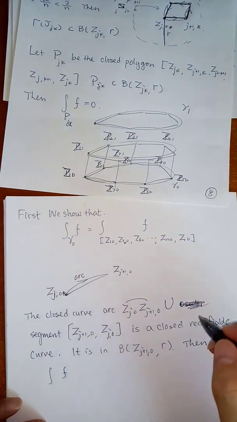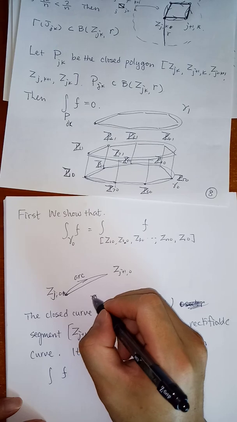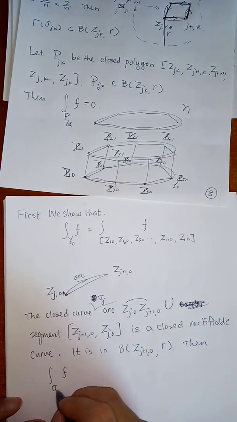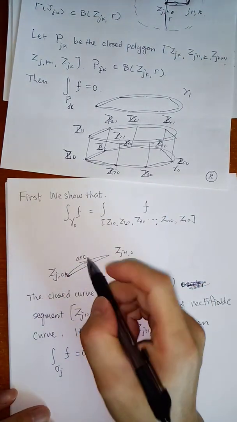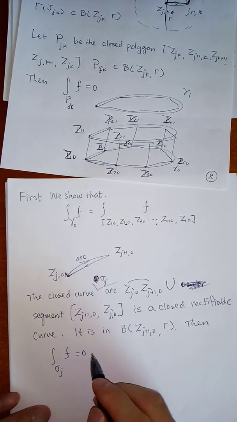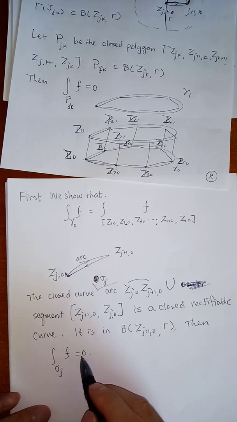Once it is inside the closed disk, the integral of f, let's call the curve sigma j, the integral of an analytic function over this closed curve is equal to 0.